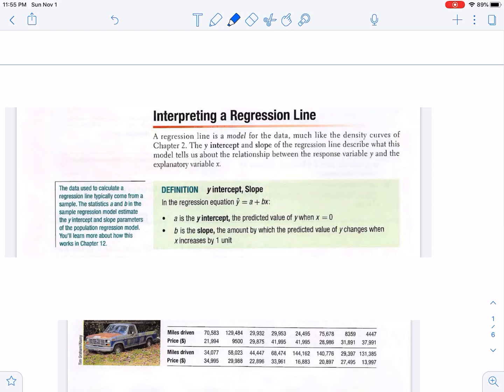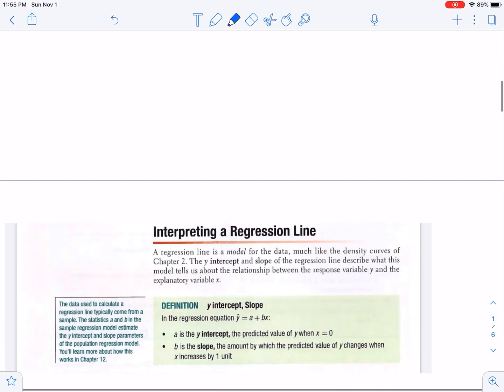All right, so now we have a regression line, and this is actually really related to correlation. Correlation is a measure of how linearly related two data sets are.